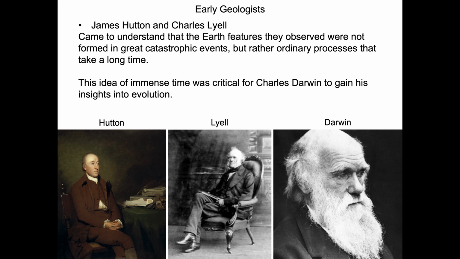This flood generated the fossils that we see in the record. It generated the Grand Canyon. It generated all of the major features observed on the Earth's surface. Hutton and Lyell realized that the same thing could happen with small action over a very long period of time. So either one big event or a continuous series of small events both lead to the same observed features.